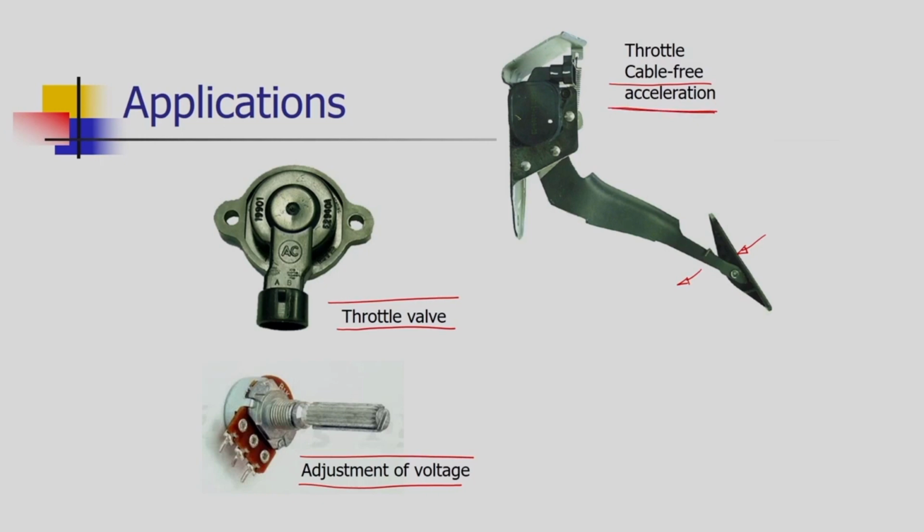If it is beyond the limit, then we have to give an alarm or control the acceleration. For that purpose we need controlled movement of this pedal. Earlier it was used with cables.